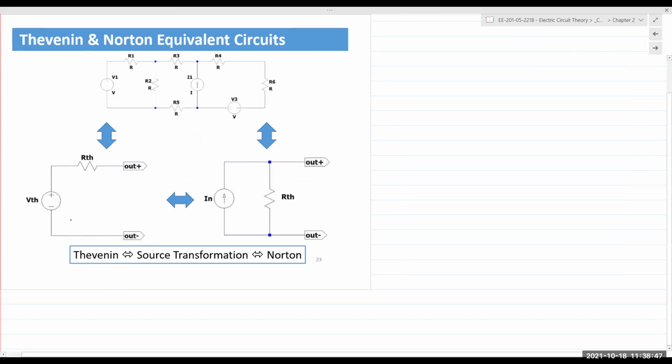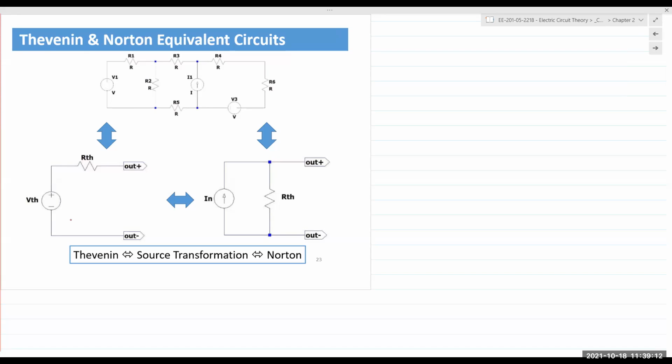This theory was presented in the late 1800s, around the 1880s, 1890s. And then a few decades later, there were some engineers working at Bell Labs. They were using Thevenin's theorem for their research on audio circuits. They were finding it difficult because they work with a lot of current sources in audio engineering.